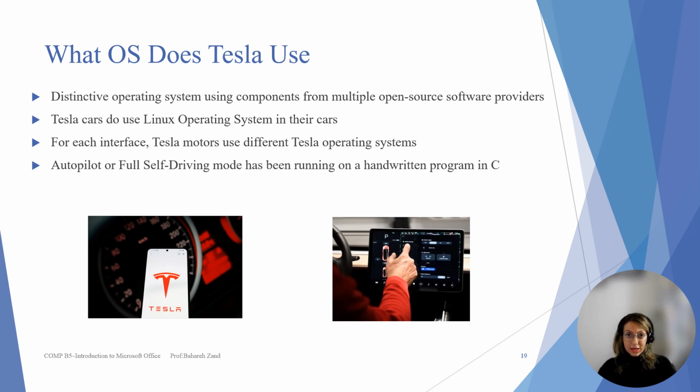The reason for that is each operating system has to be engineered toward the exact feature or goal that the feature has. Therefore, they cannot use only one general operating system. Each feature needs to have a more specialized operating system.